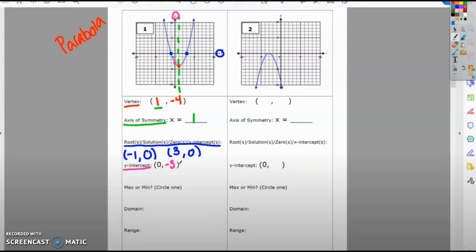Now, is it a max or a min? The way we tell this, if your graph looks like this, there's the vertex. Is this vertex the maximum point of this graph or the minimum point? Is it the highest point or the lowest point? It has a lowest point, which means it is a minimum.